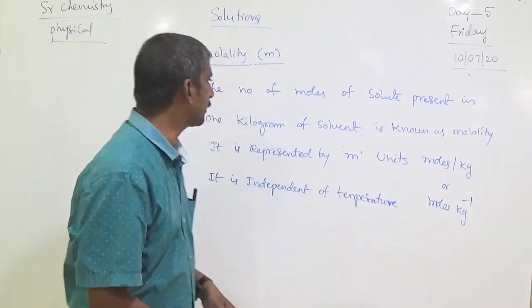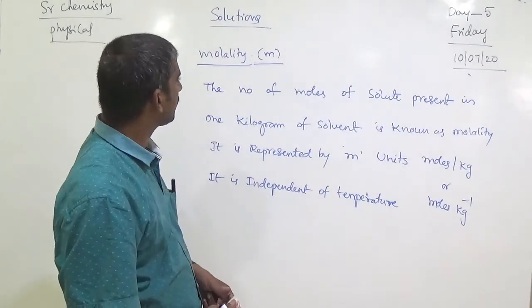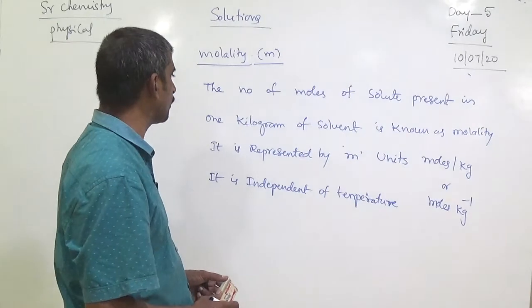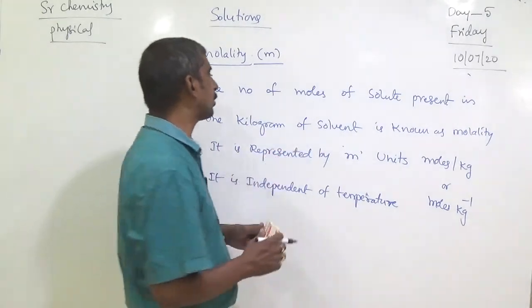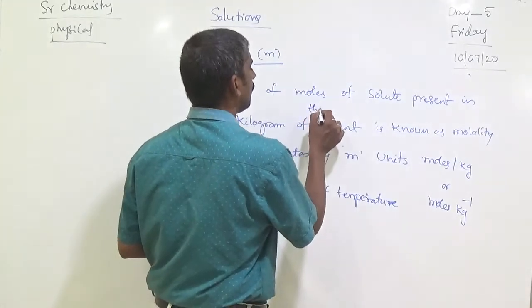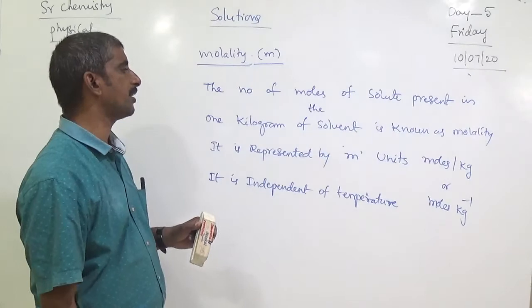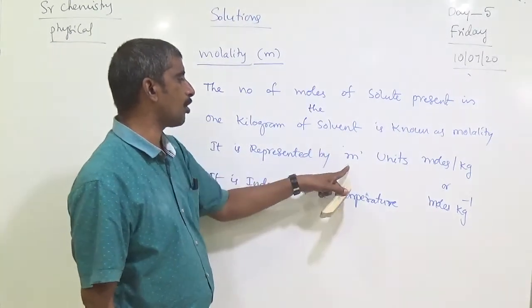So that is molality. Once again, molality is defined as the number of moles of solute present in 1 kilogram of the solvent. It is represented by the symbol small m.